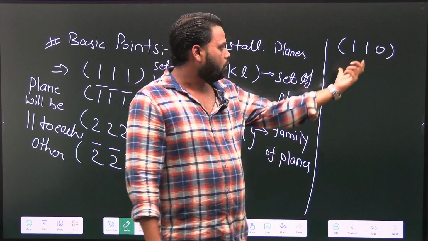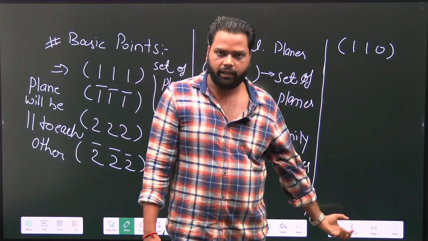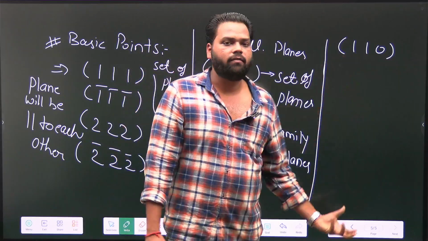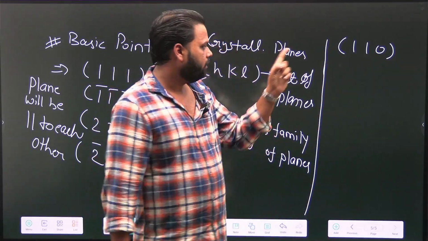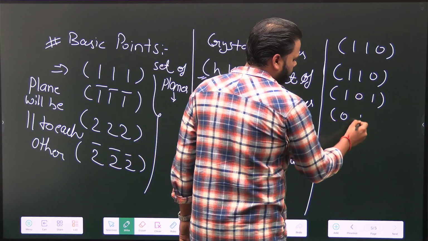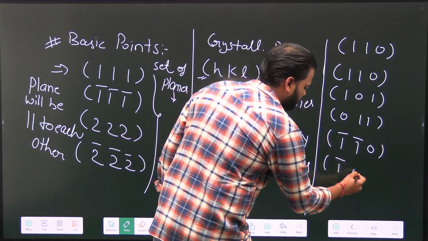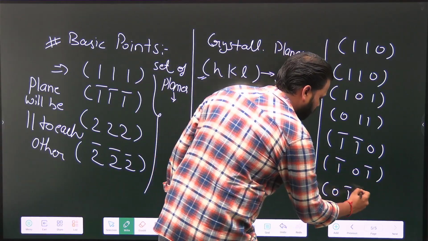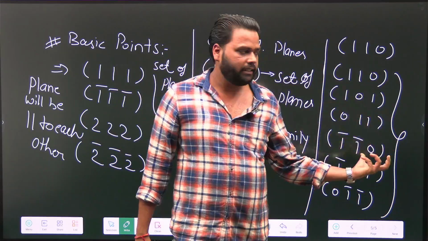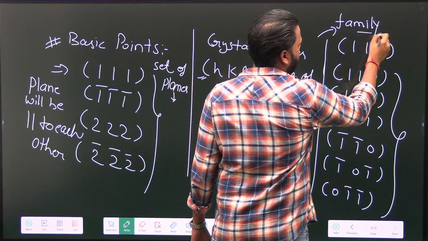I'm repeating again, using these three integers, all the combinations that can be made in the positive direction, also in the negative direction, all lie in the same family, like 1 1 0, 1 0 1, 0 1 1, 1 1 bar 0, 1 bar 0 1, 0 1 bar 1 bar, all 6 will lie in the same family.